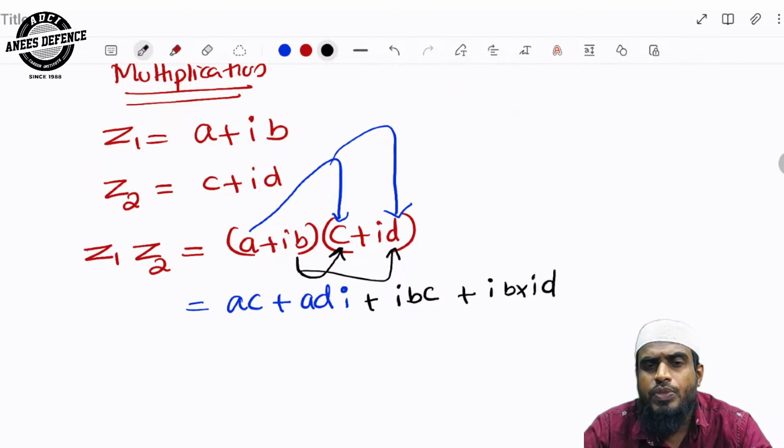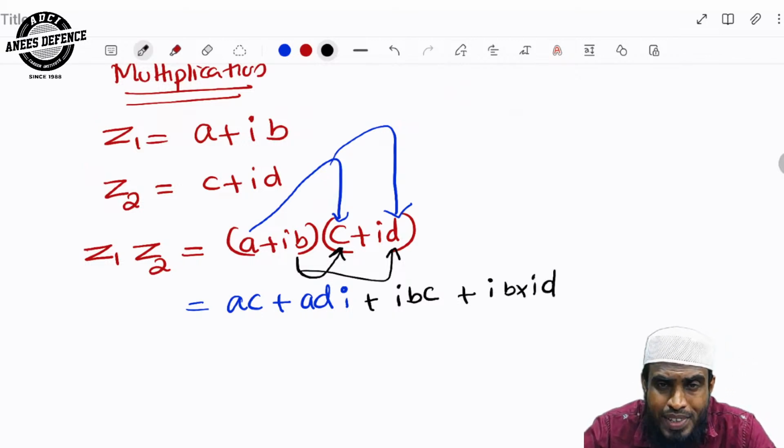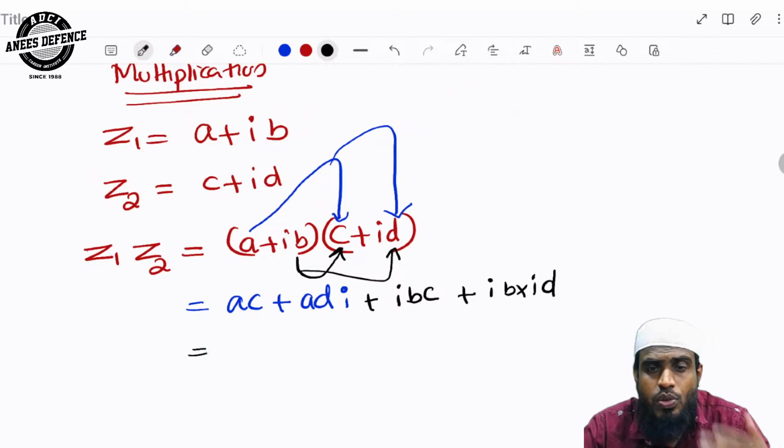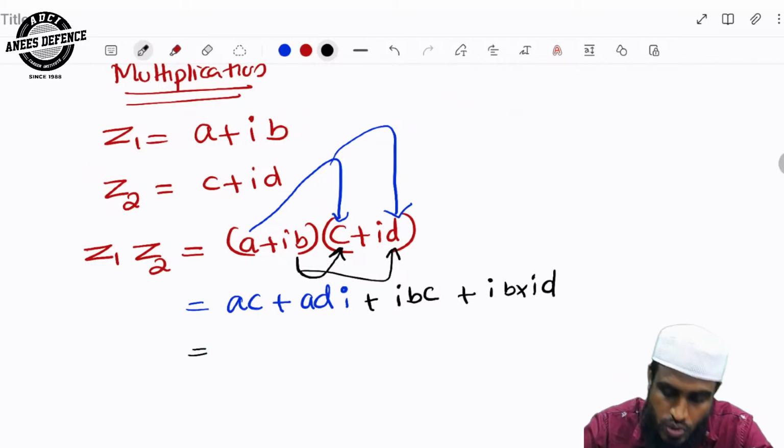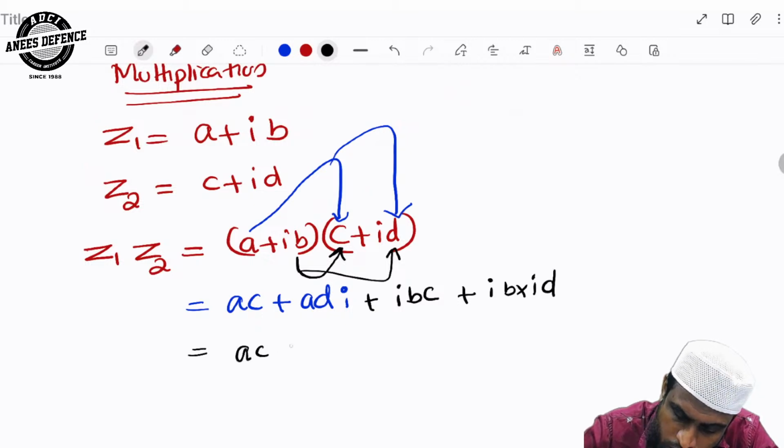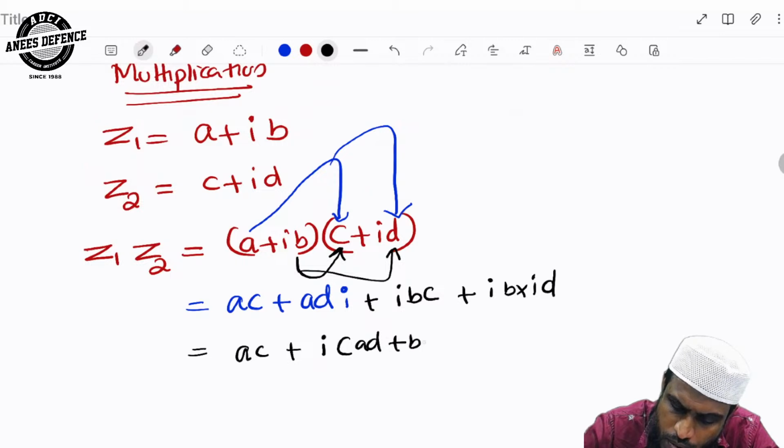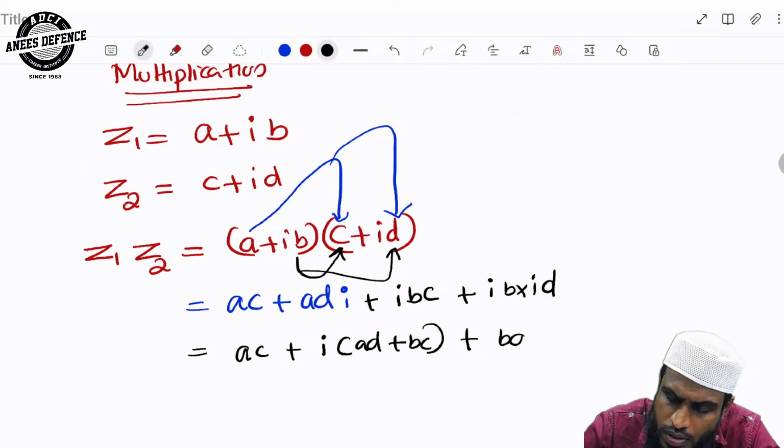Here you have to be a little careful, because i into i: x into x is x square, similarly, i into i is i square. So AC plus, i is common in this case, so you can write it as i into (AD plus BC), plus B into D with i into i, which is i square.